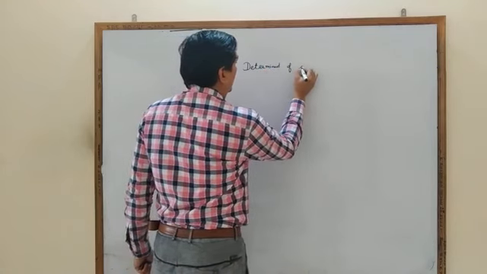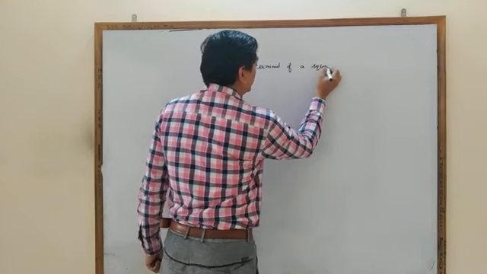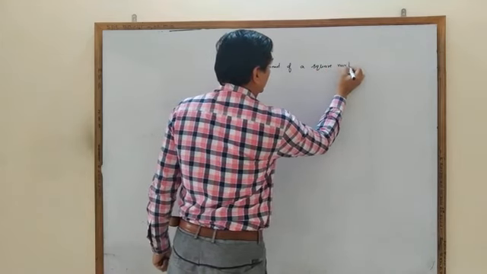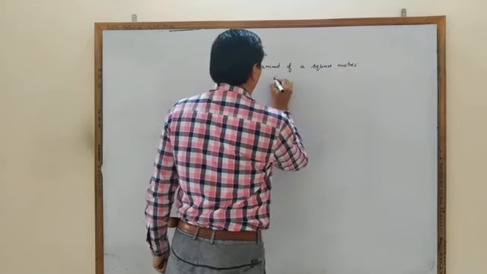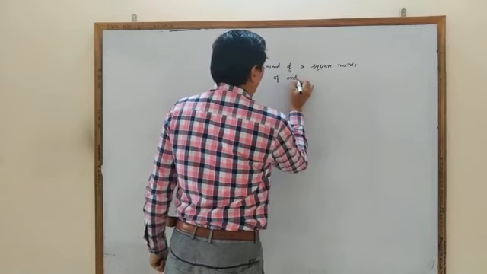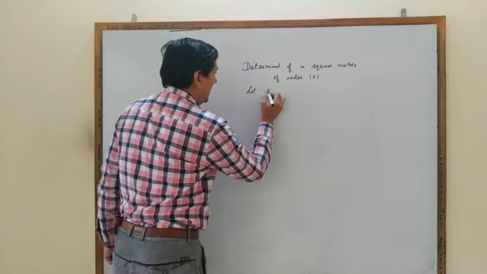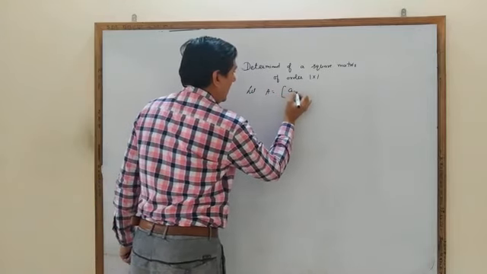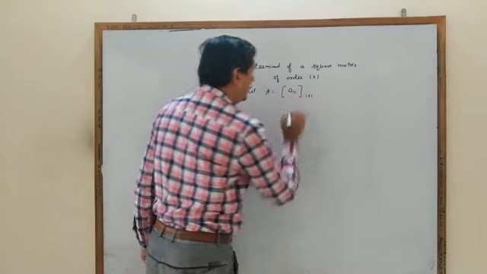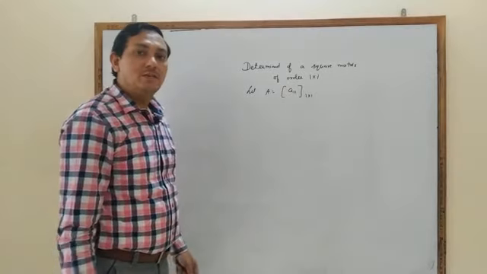of a square matrix of order 1 by 1. Let us consider a matrix A having a single element, and its order is obviously 1 by 1.